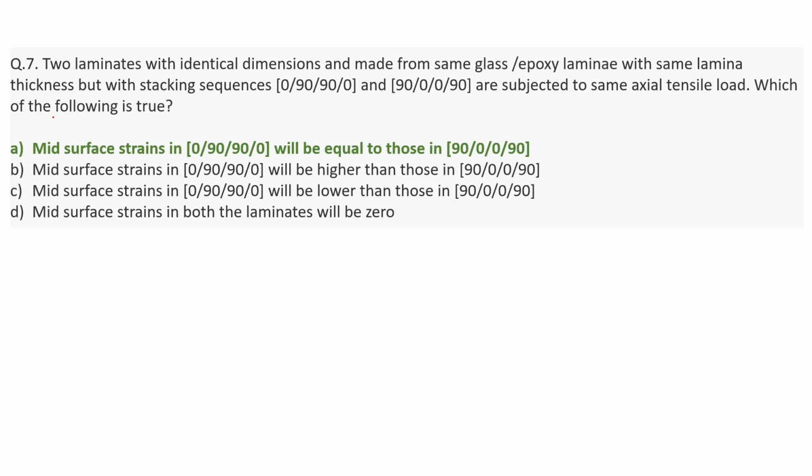In whatever combination these are, the total axial load carried by the laminate made by these two laminas will be the same. That is why mid surface strains in both sequences will be equal, because above and below the mid surface it is a single 0 and 90, and the strengths will be the same above and below the mid surface. Therefore, option A will be correct: the mid surface strains in both sequences will be equal.